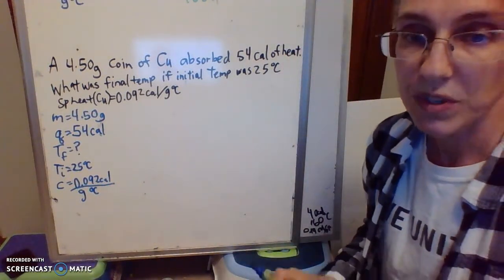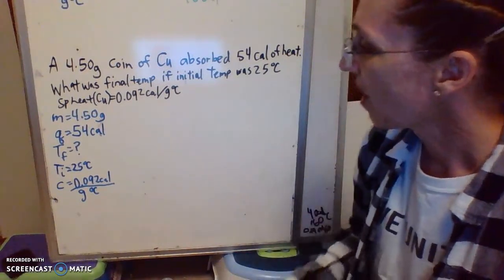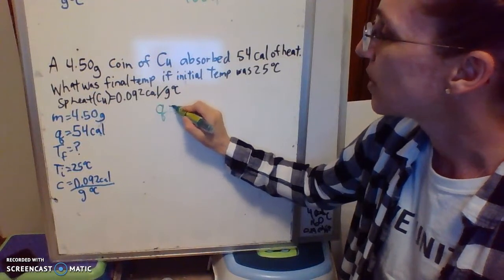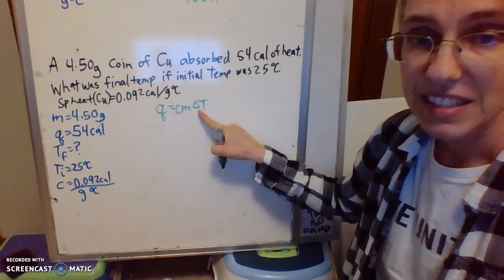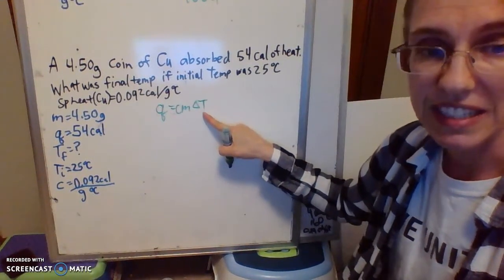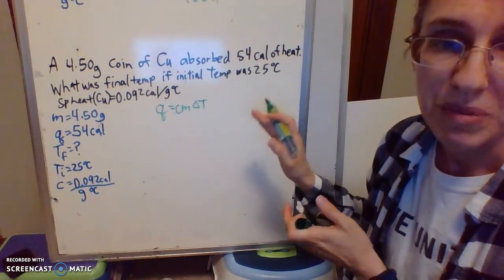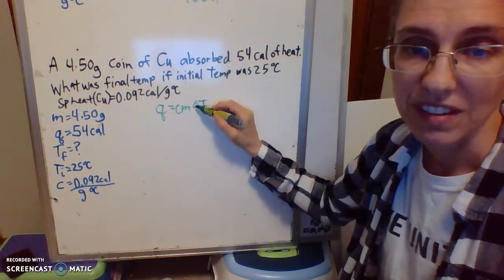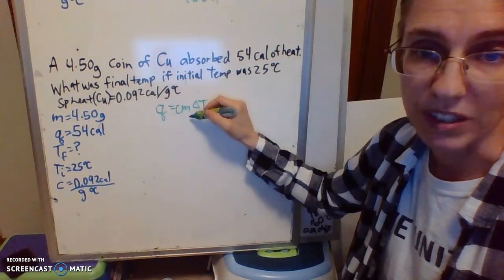Okay. So we're going to start off with our equation. Our equation says Q equals C m delta T. Now we're going to keep the delta T as that, and we're going to do two separate equations for this, because it'll make it easier than trying to do all the math with T initial and T final in your one equation.